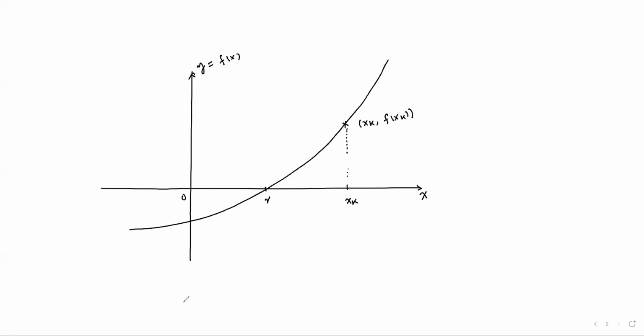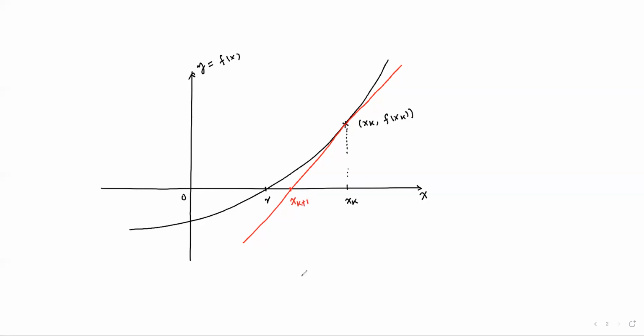Now at the point, draw a tangent line, and the intersection point with the x-axis is considered to be xk plus 1.